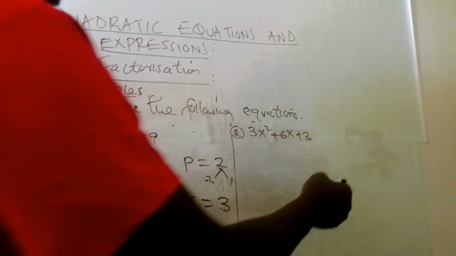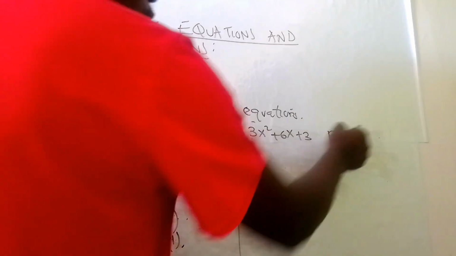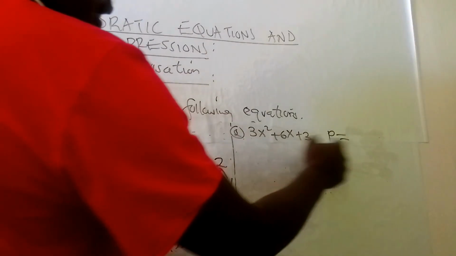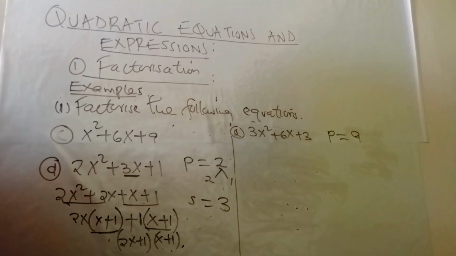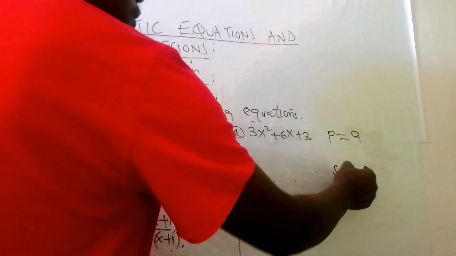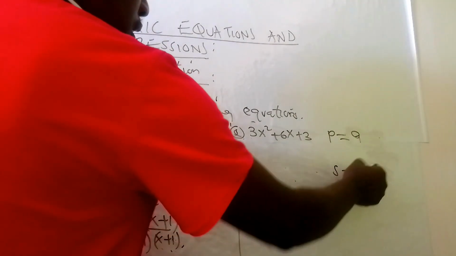So you follow the same procedure. You find two numbers whose product is a times c, which is 3 times 3, which is 9. Then the sum of those two numbers is supposed to give you 6.